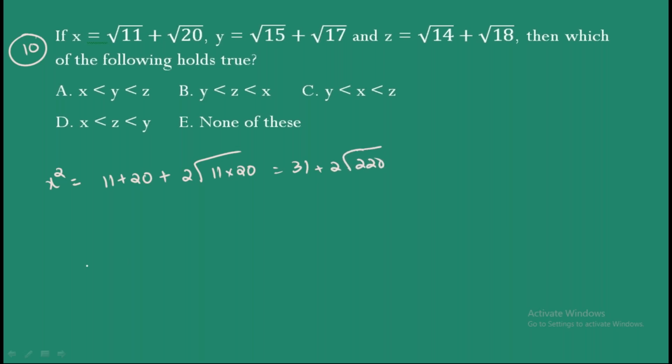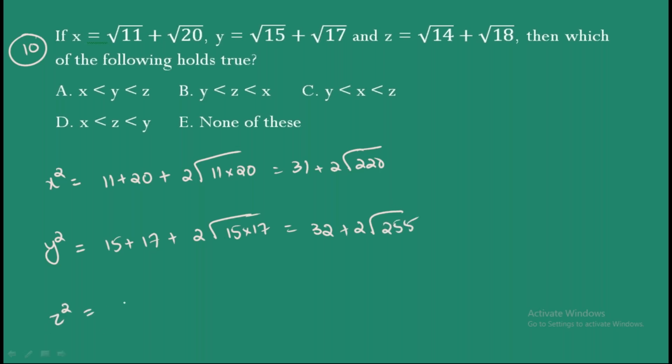This is x square. What about y square? a square plus b square plus 2ab, 15 into 17. So this is 32 plus 2 root 255.